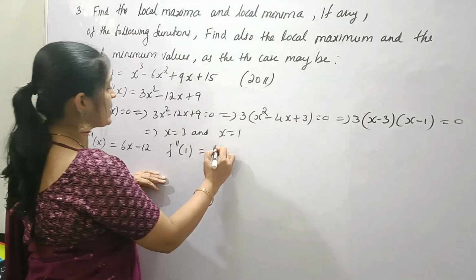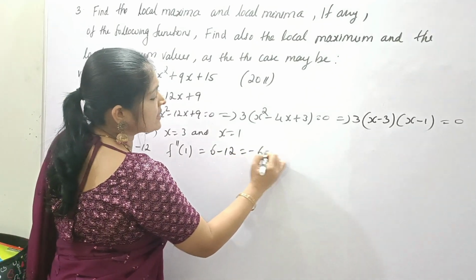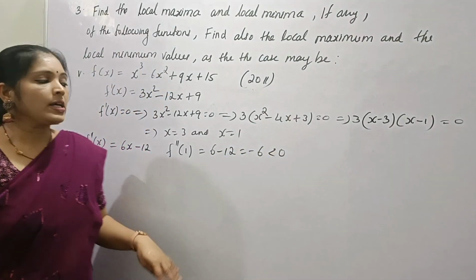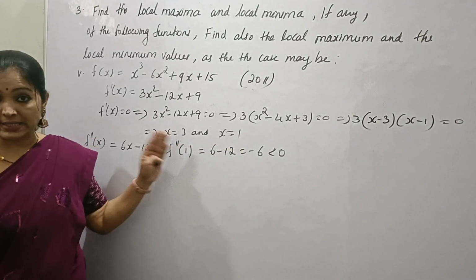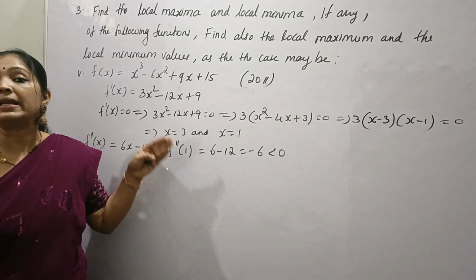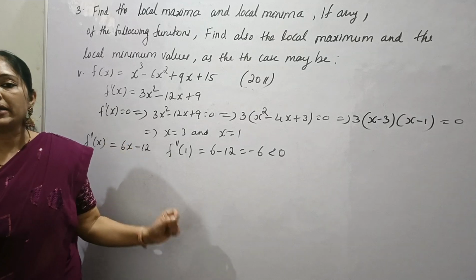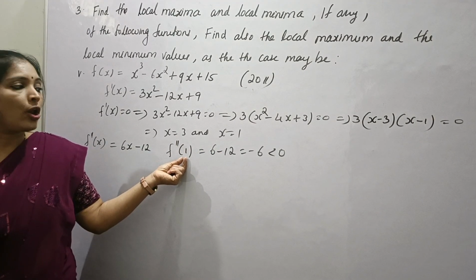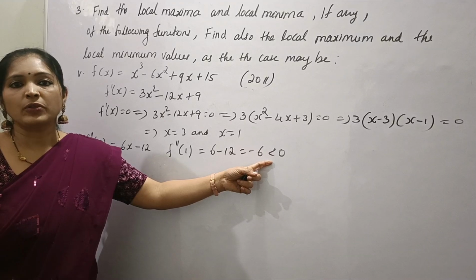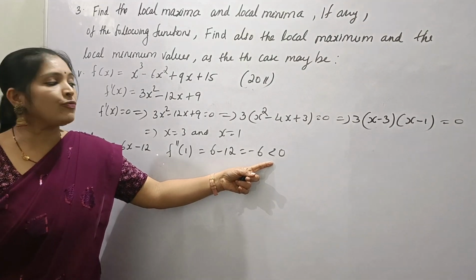So 6 into 1, 6, 6 minus 12, that is minus 6, less than 0. Right? So here we have got f double dash of 1 less than 0, that is f double dash of c less than 0. So by the second derivative test we say 1 is a point of local maxima.